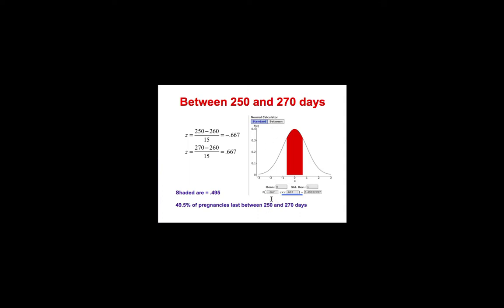And now we are entering the z-values of minus 0.667 and positive 0.667, and StatCrunch reports back a probability of 0.495. So 49.5% of the pregnancies last between 250 and 270 days.